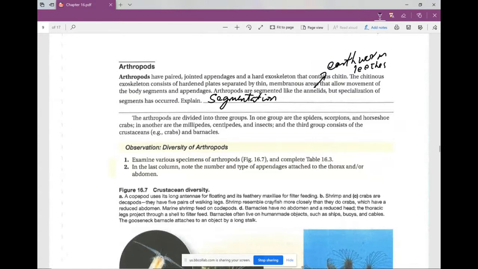Segmentation is repetition of body parts with specialization. So each body part is now specialized for a certain function. Each segment has a special function.